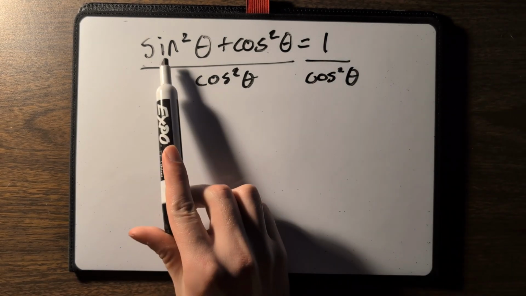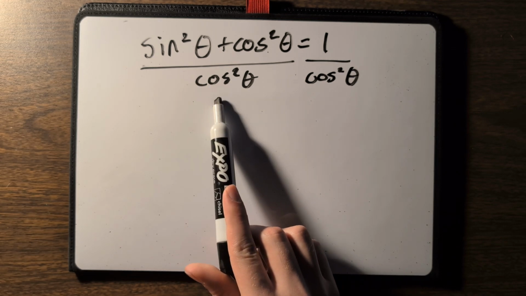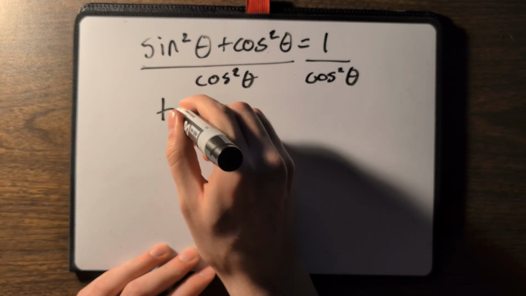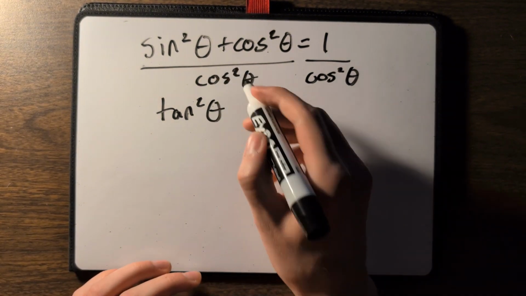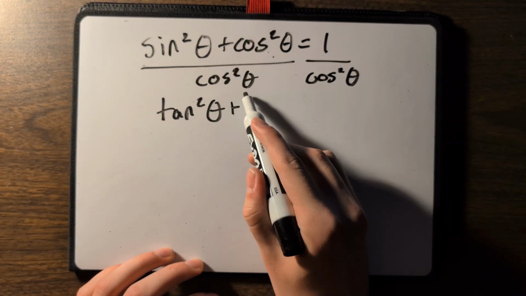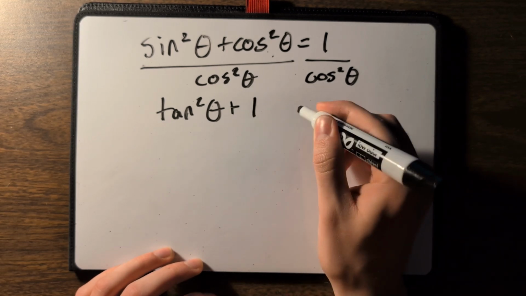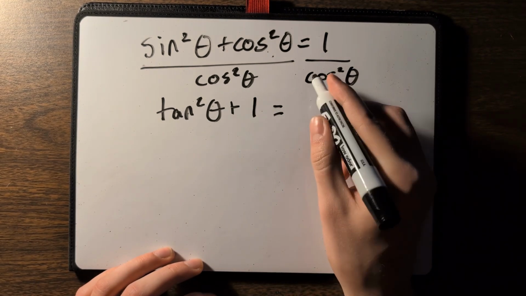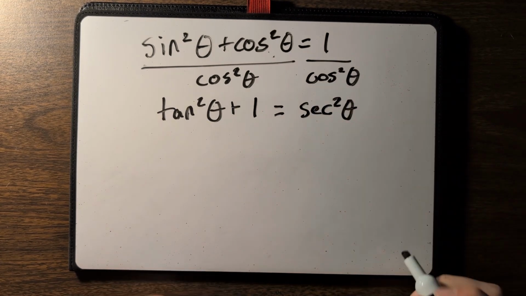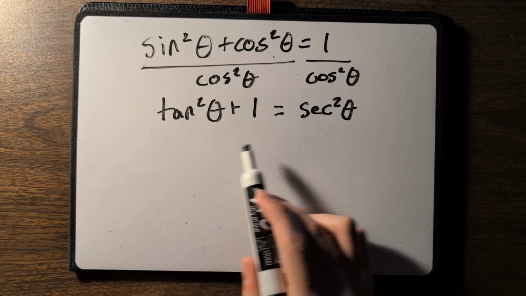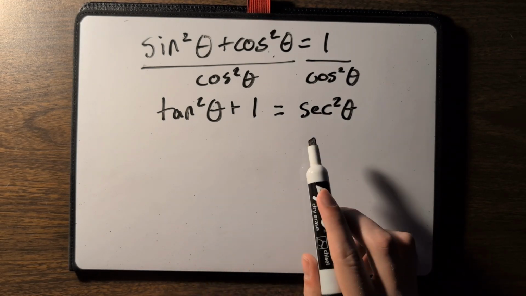Now if we do that, we're going to get sine squared theta over cosine squared theta, which is just equal to tangent squared theta, plus cosine squared theta over cosine squared theta, which equals 1, equals 1 over cosine squared theta is equal to secant squared theta. And this is another identity that we can use that relates tangent and secant together.